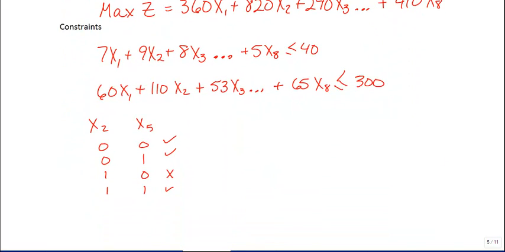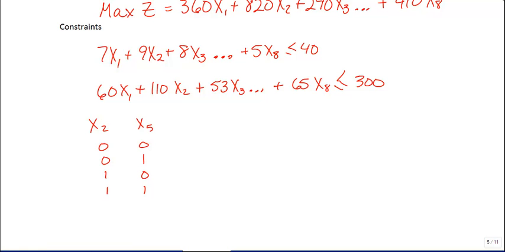Now, we are looking at projects x2 and x5. And with binary decision variables, there are 4 combinations of decision variables that we can set up. Undertake neither project, only x5, only x2, or both x2 and x5.